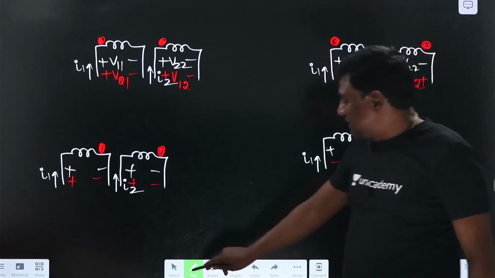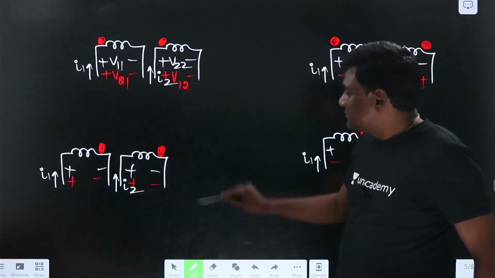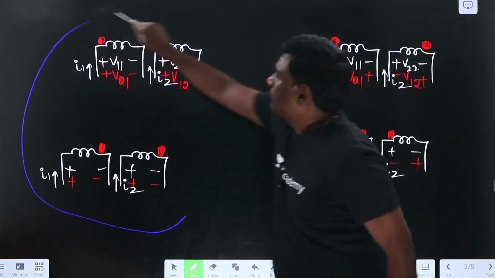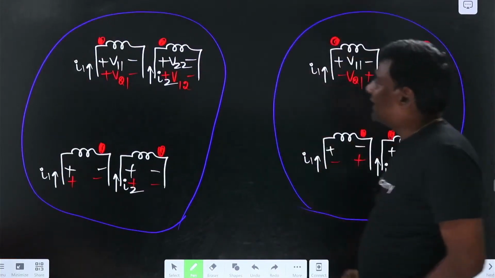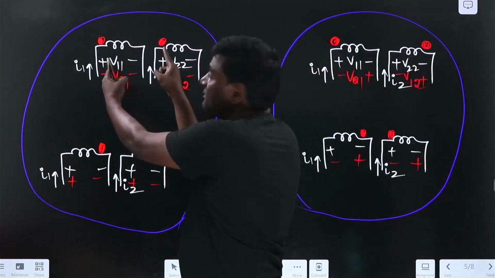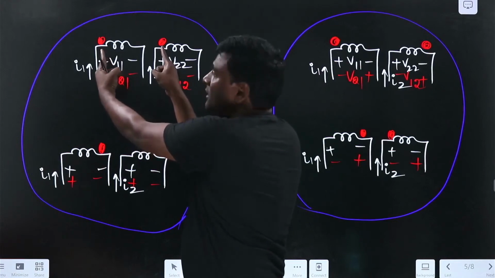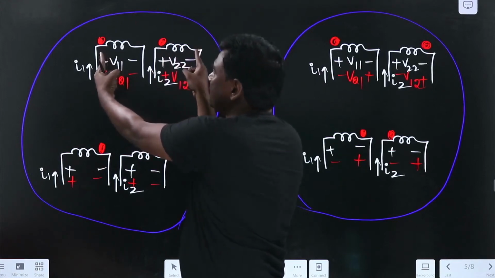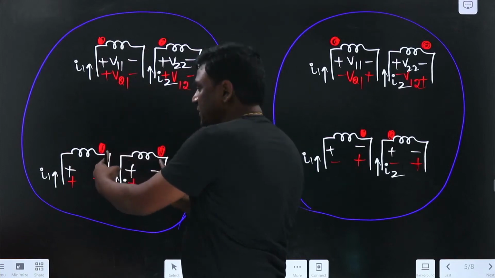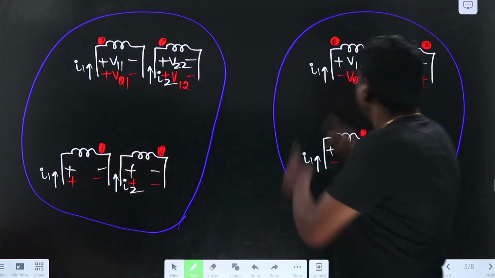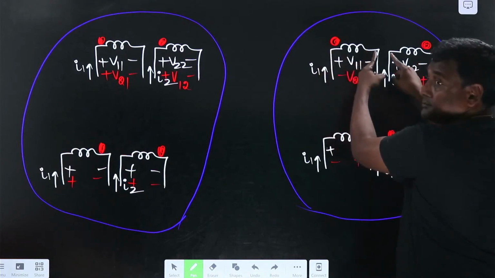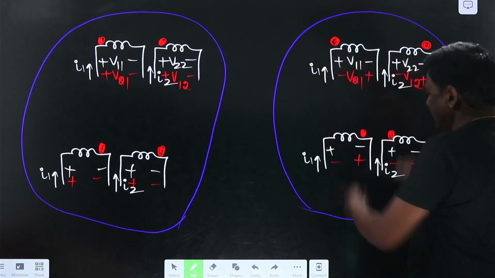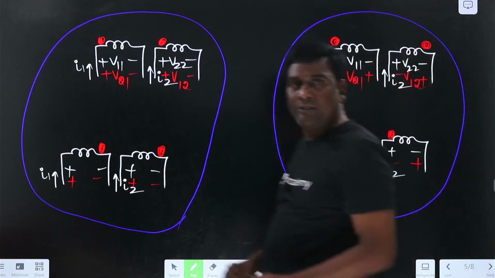These two equations should be the same, obviously. Why? Because this dot can be replaced from here to here, and this dot also can be replaced from here to here, and the same equations will result. If I interchange both the dots, the equations are going to be the same.